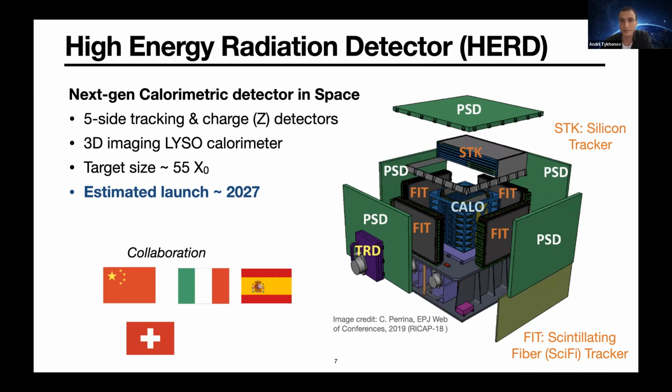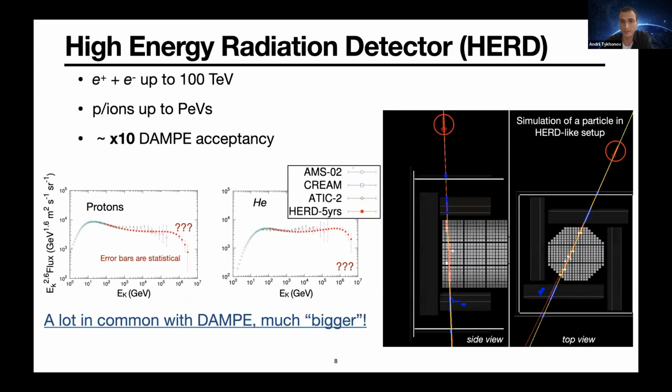But an interesting feature of HERD is that it will have tracking devices, either silicon trackers or scintillating fiber trackers, on 5 sides of the detector, while on DAMPE we have it only on 1 side. Also, this detector will be bigger, and because of that, and because of this 5-side tracker, it will have much larger acceptance. Another interesting feature of HERD is that it will have a 3D imaging calorimeter consisting of LYSO cubes. This will be the first 3D calorimeter in space.